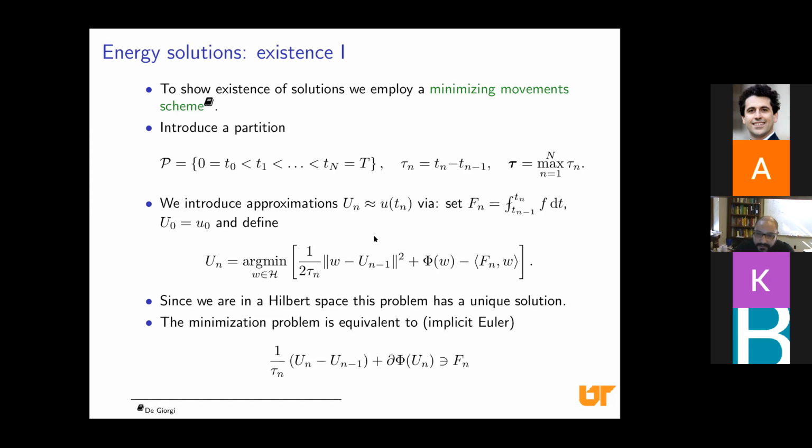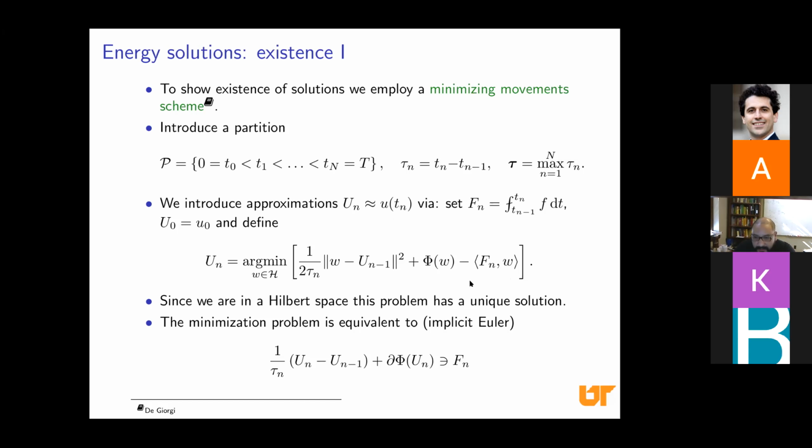And I'm going to find this approximation by minimizing this problem, finding the minimum of this problem. So forget about the F, that's not so important here. You have the original energy, and then you have this sort of regularization term that has to do with the local time step and the previous solution.